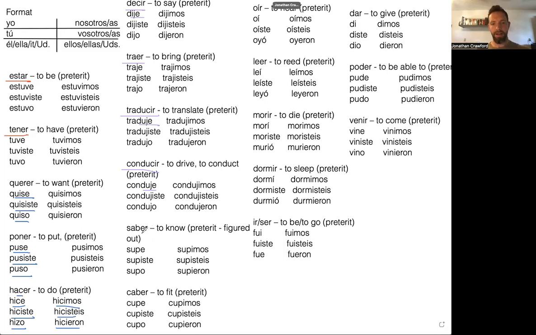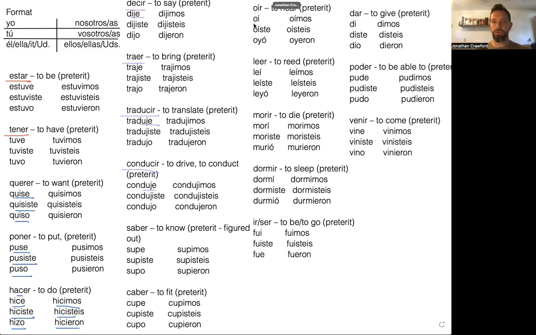All right, so saber, which means to figure out in the preterite, because saber means to know. But remember, if the preterite, which happens at a specific point in time, is said to say to know, that means that you knew it at that specific point in time. Or in other words, you figured it out. And so the meaning kind of changes.